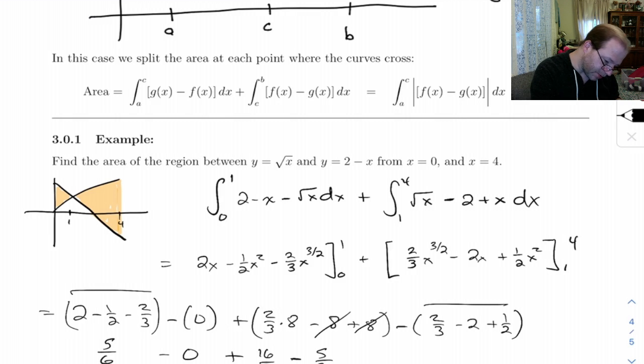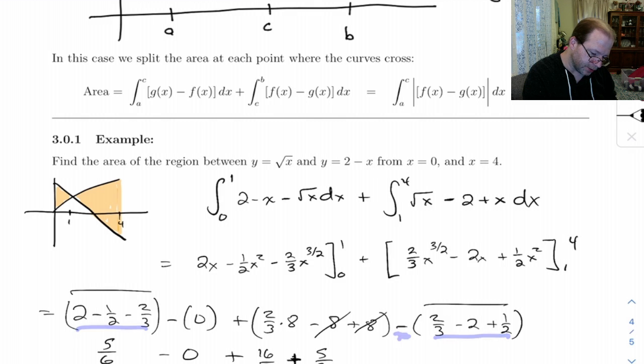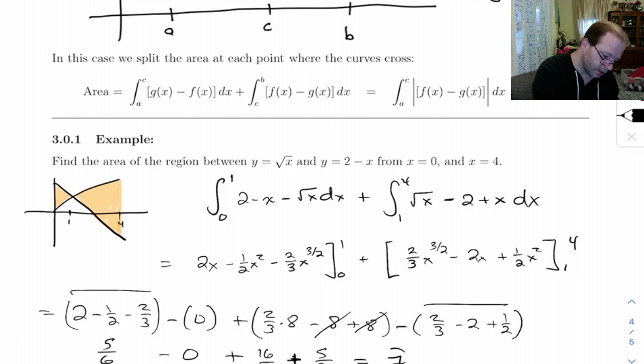Actually, no, it's plus 5 over 6 because both the signs inside of here are different. And then we've got a negative here. So the number inside of here is negative 5/6 and it's added. So what do we get here? We get 10 over 6 plus 16 over 3. Looks like 7. That's interesting. The answer to that is 7.